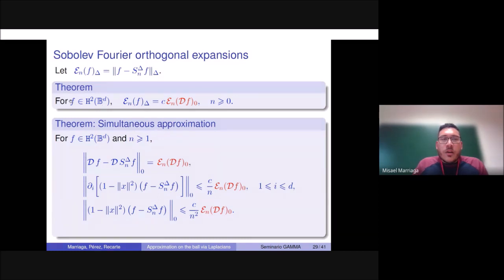So one of the first results that we got is about the errors. Let me define the Sobolev error in a similar way as in the classical one. Because of the bijection given by this calligraphic D, the error with respect to the Sobolev basis behaves like the error of the classical basis whenever we try to approximate D of f.